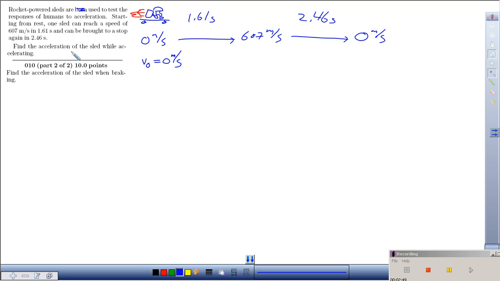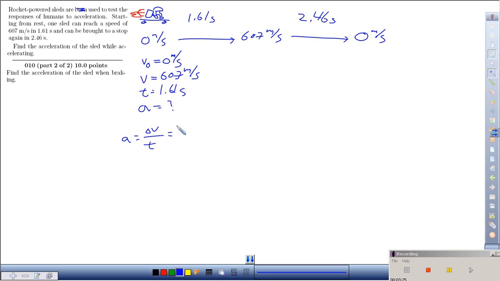So my initial velocity for this question number 9 is 0 meters per second. My final velocity is 607 meters per second. And my time is going to be 1.61 seconds. This is my question number 9, and I'm looking for my acceleration. So I know that my acceleration is going to be my change in velocity divided by the amount of time.